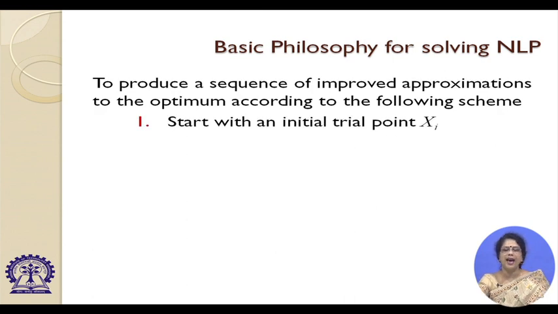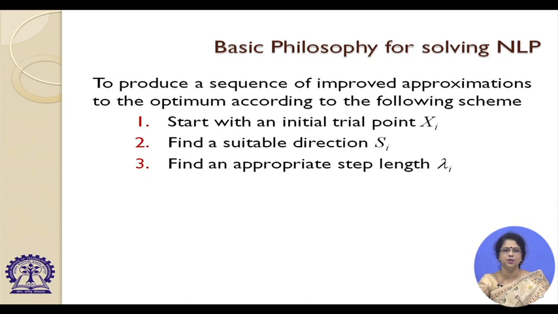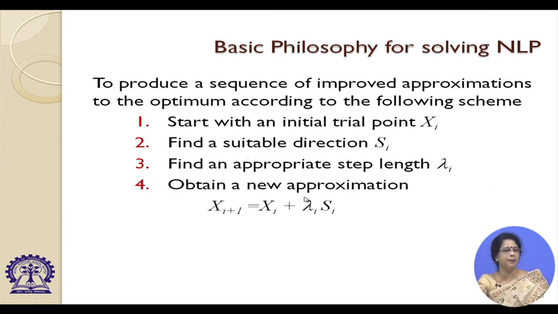Now, as I told you, I have just written the steps mathematically. I will start from an initial trial point, find a suitable direction, find the appropriate step length, and move to the next point. How? By taking the first point plus the step length and the direction together.